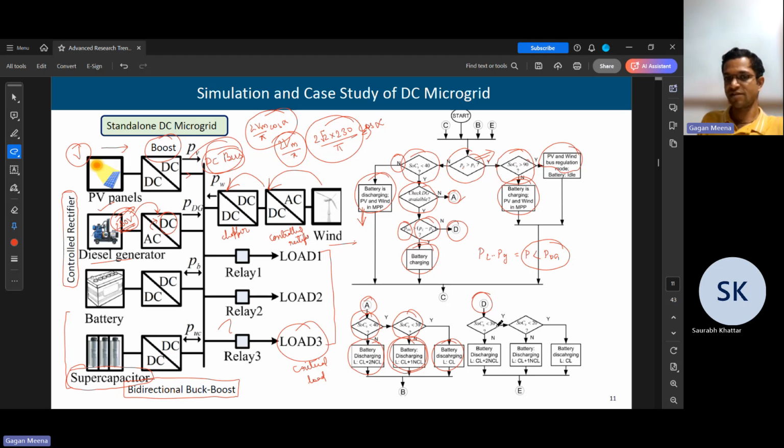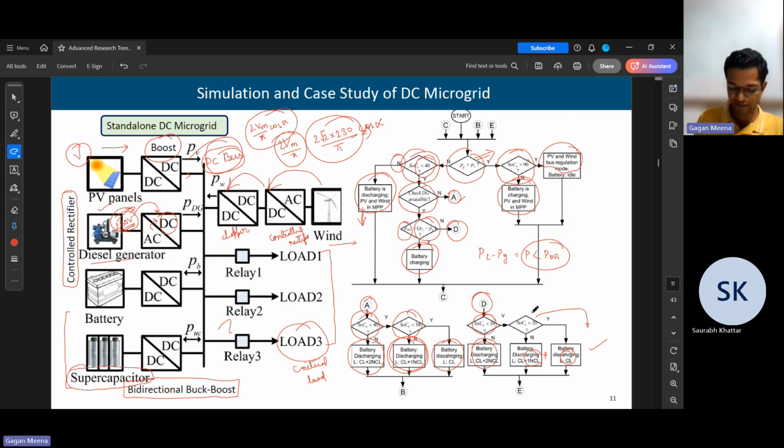And if the SOC is less than 30%, and if the SOC is less than 20%, then only one critical load is met. If it is between 20 and 30%, then one non-critical load is curtailed. If it is more than 30% and less than 40%, then all the loads are supplied.